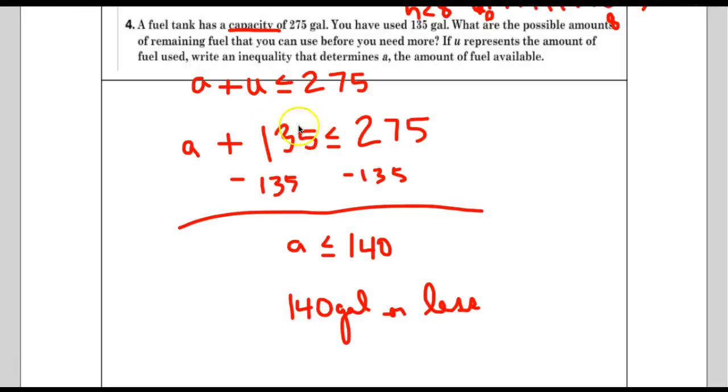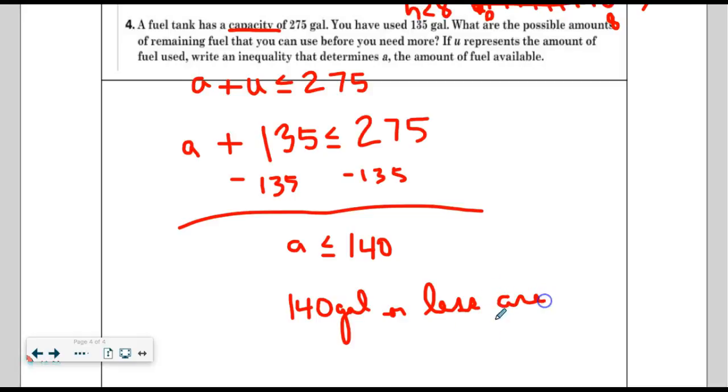The amount used is 135, so that gets subbed in for U. And then I'm going to subtract 135 from both sides to get A is less than or equal to 140, which means 140 gallons or less are available.